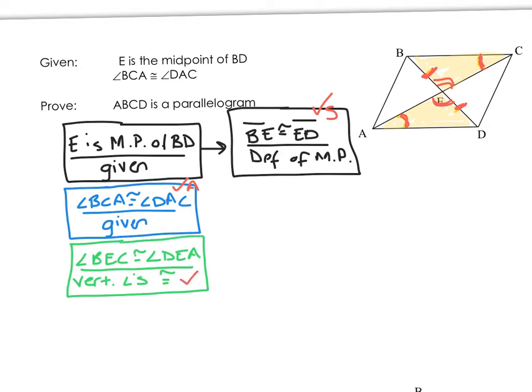And that is the second angle of my angle side. So if I combine all of these, I could state that those two triangles are congruent by angle side.